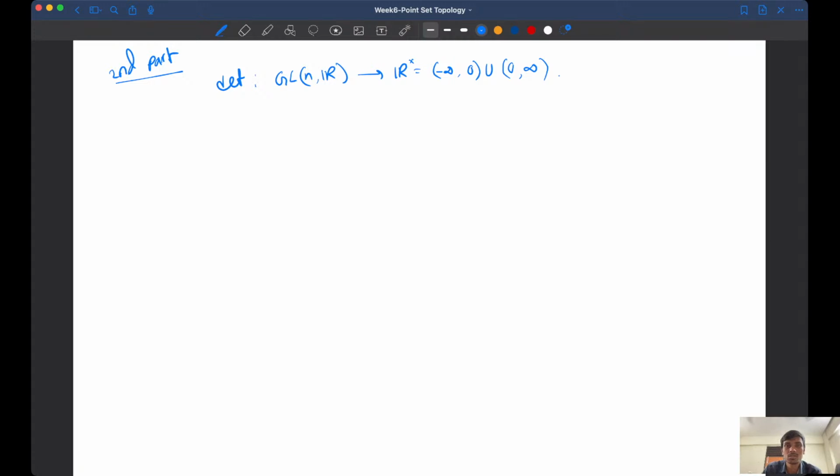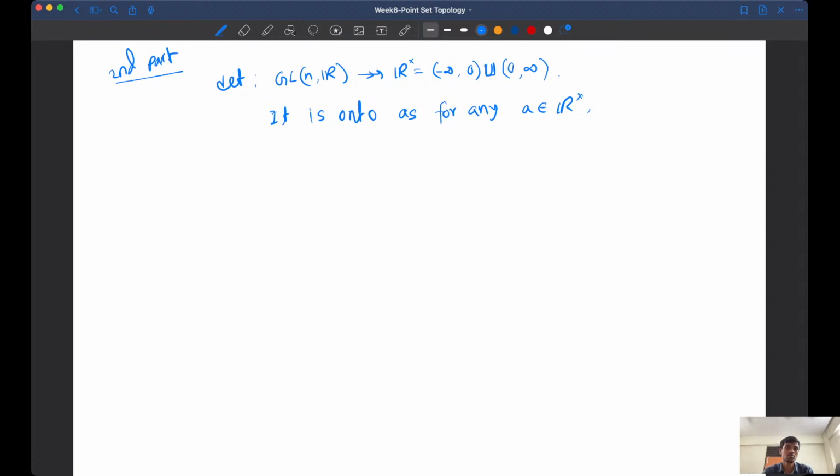So in particular this is disconnected, and the determinant map is onto, because you can take any a belonging to R cross.